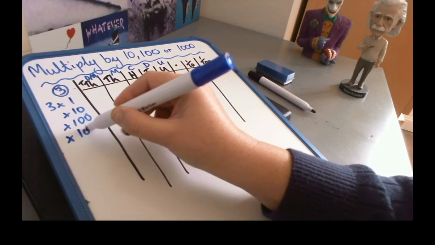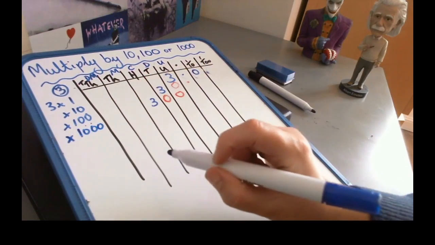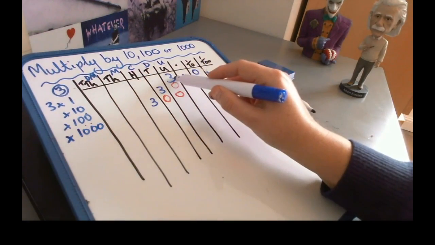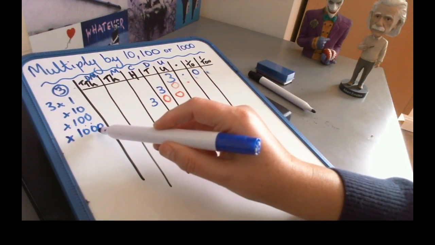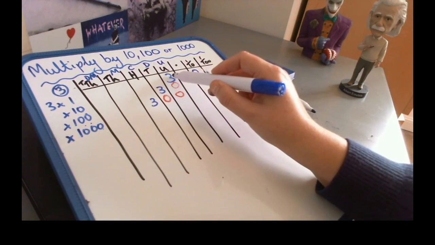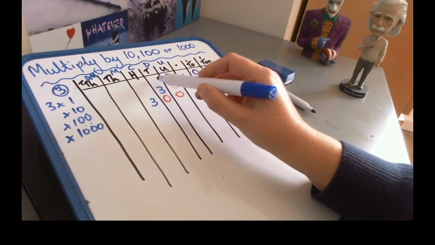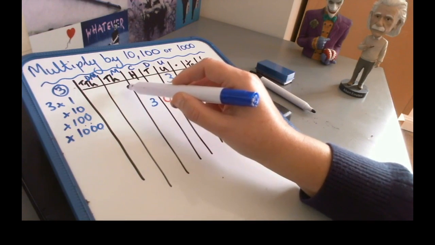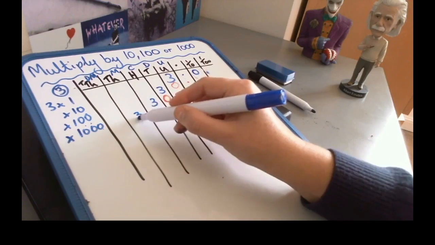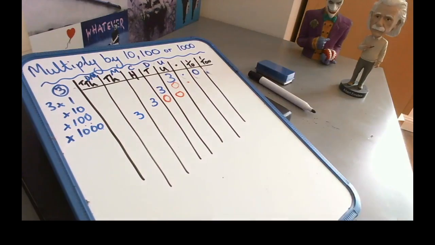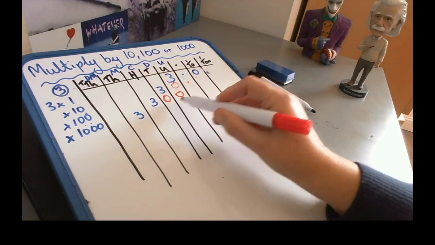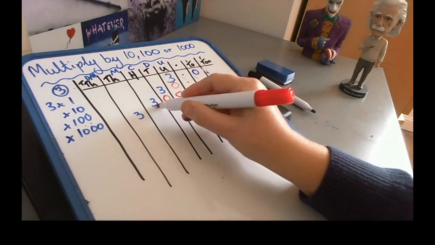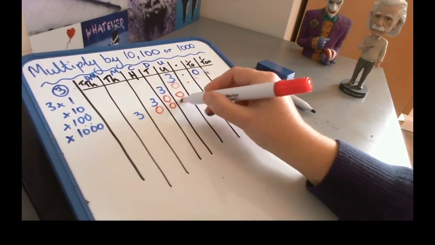Multiplied by 1,000. Okay, 1,000 times bigger. 1, 2, 3 zeros. We have to move it 1, 2, 3. Move it 3 times to the thousands. There's 3. But again, we haven't got anything in these columns, so we have to keep place by putting the zeros in.